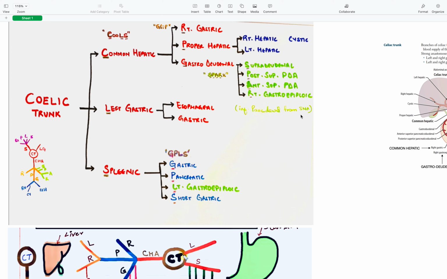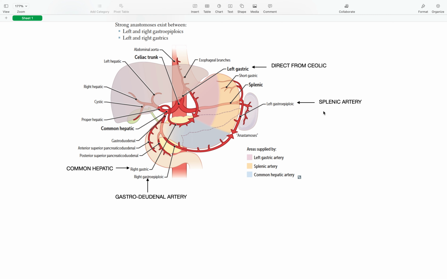Okay, so the fundus of the stomach is supplied by the short gastric, which is a branch of the splenic artery. Now the upper greater curvature of the stomach is supplied by the left gastroepiploic artery, which is a branch of the splenic artery. The easy way you can remember this is the L in the left gastroepiploic and L in the splenic.